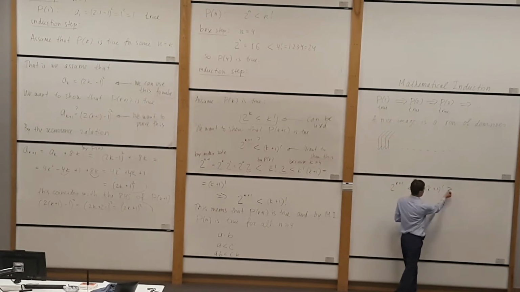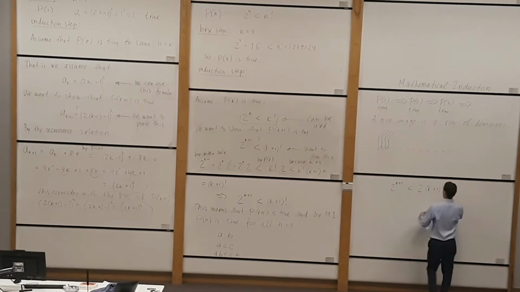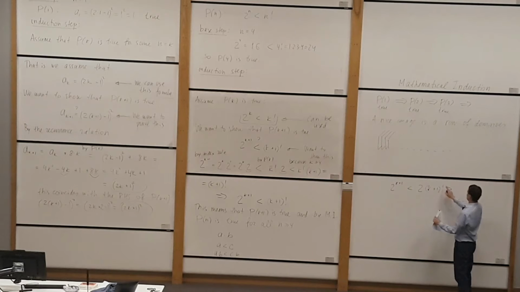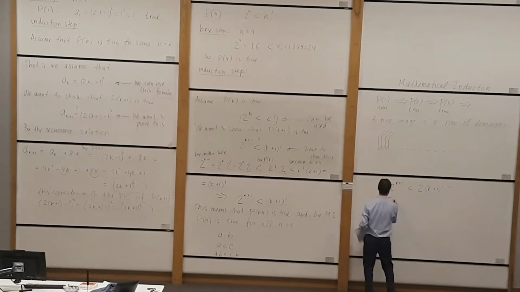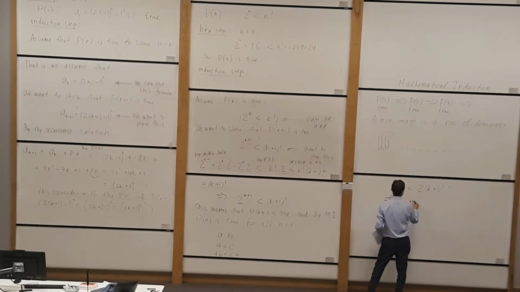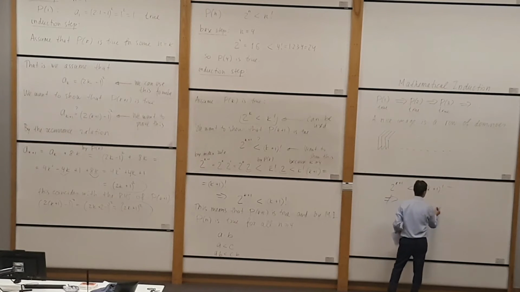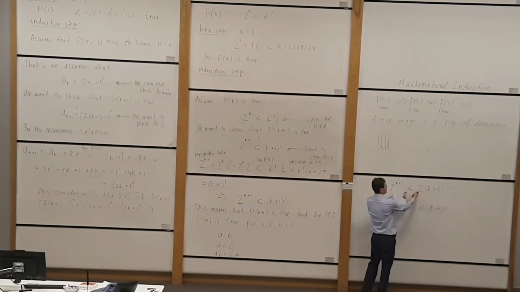Greater, but it's in another direction. You're allowed to use any legitimate inequalities. But you cannot conclude from these that 2 to the k plus 1 is less than k plus 1 factorial, because k plus 1 factorial is somewhere in between, it's smaller.